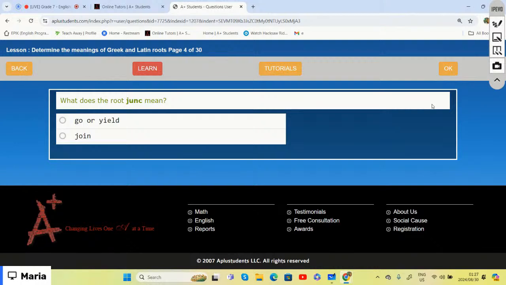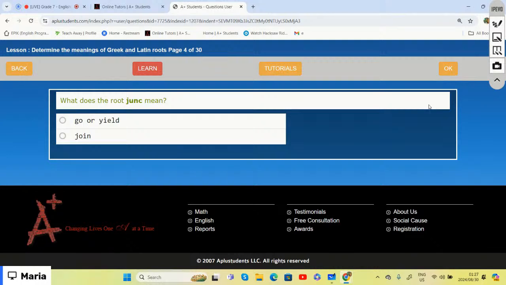Is it to go or yield, or to join? So do we say it is go or yield, or it is to join?